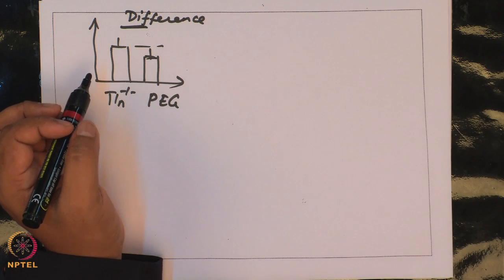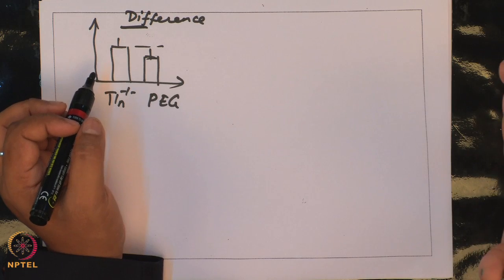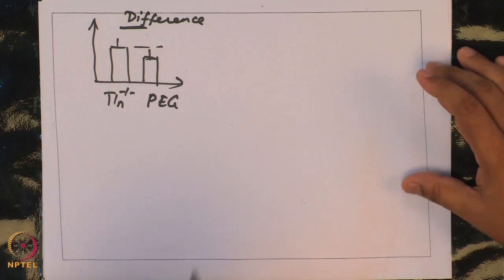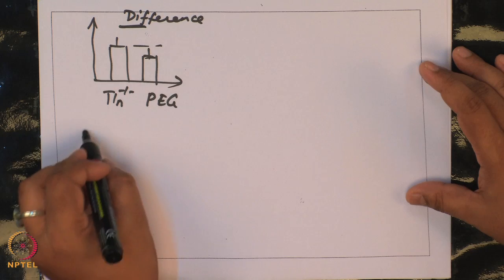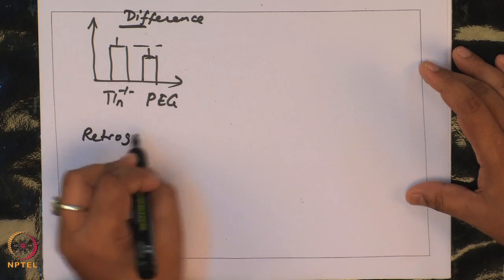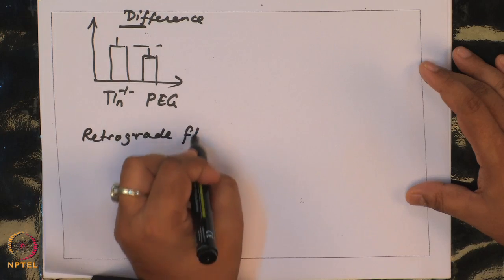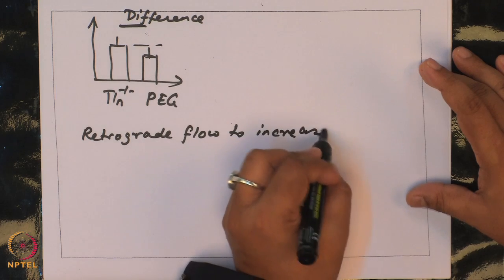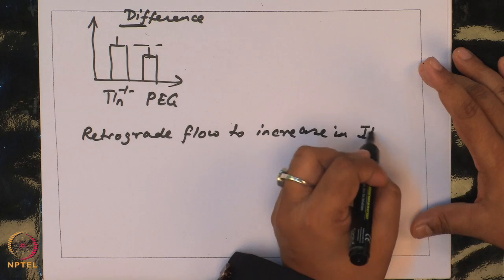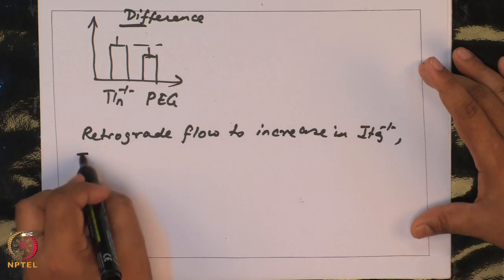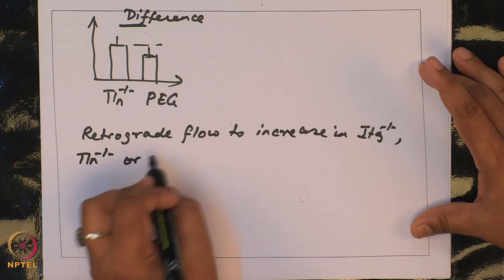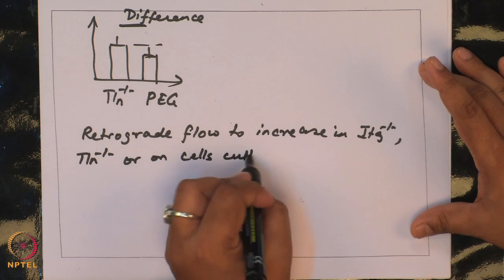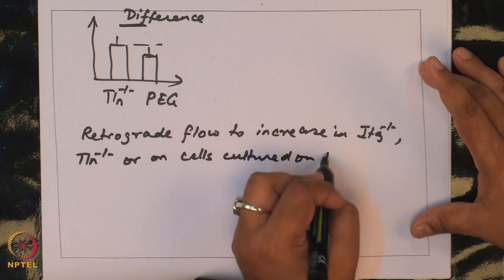First of all, there are two questions: how does retrograde flow increase? So, one possible reason. How is it that you can have retrograde flow increase in integrin null or talin null cells, or cells cultured on PEG surfaces?